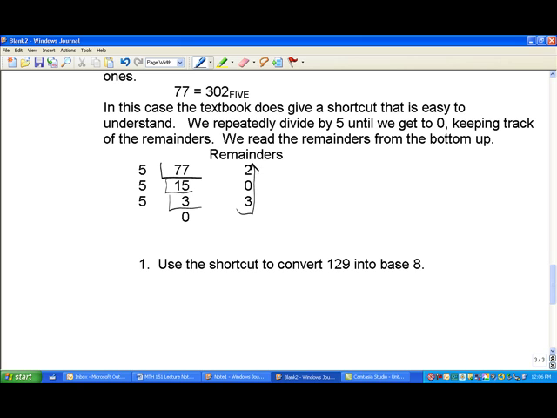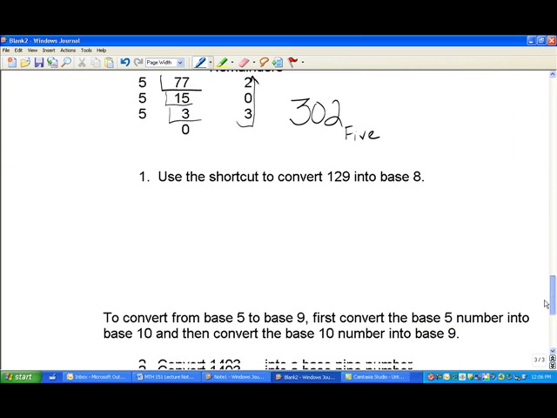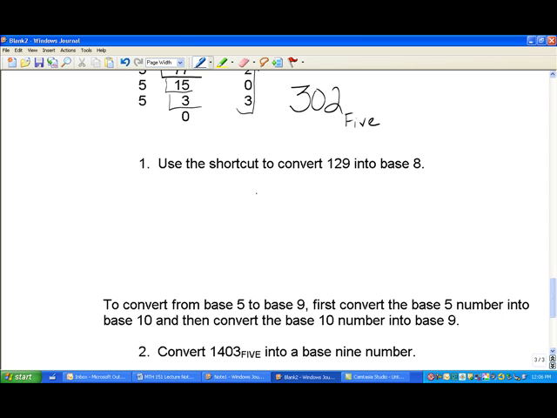Now we read the remainders in reverse, and you can see that I have gotten the same answer that I got by the other method.